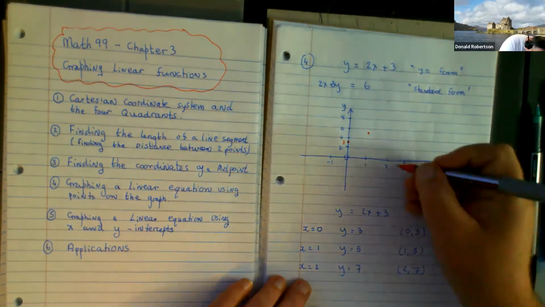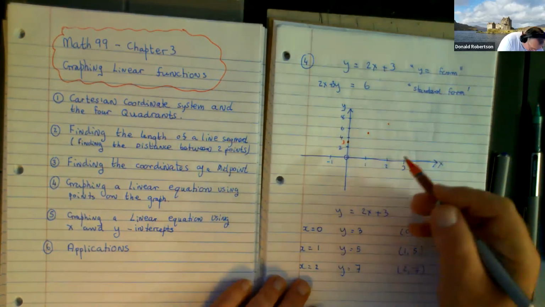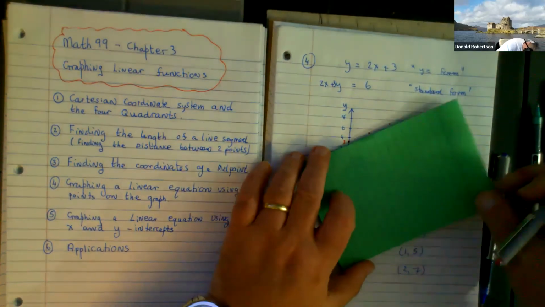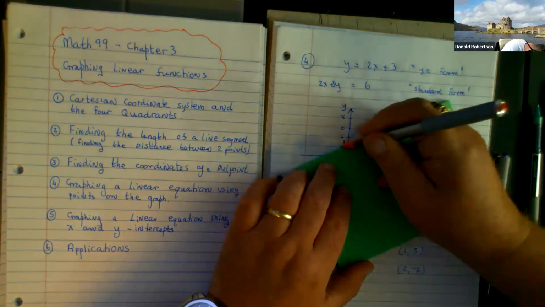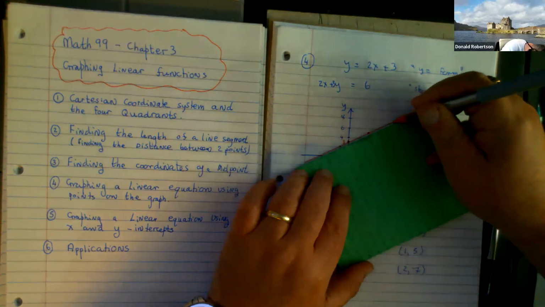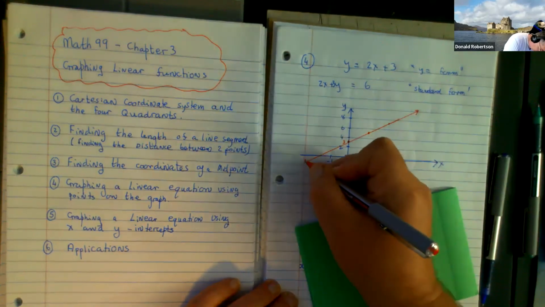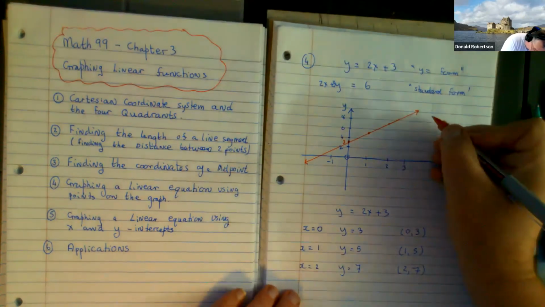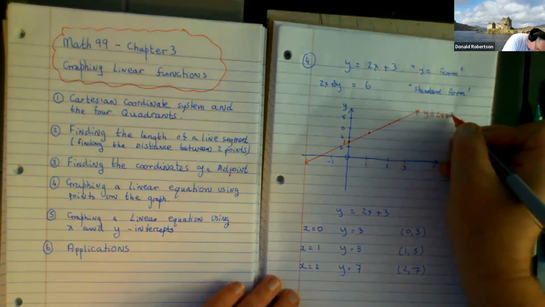And you plot the point 2, 7, which would be here. And then you draw a line through all these points. Essentially that line continues for eternity. And what we've just drawn is a graph of y equals 2x plus 3.